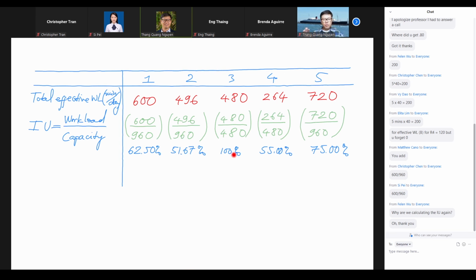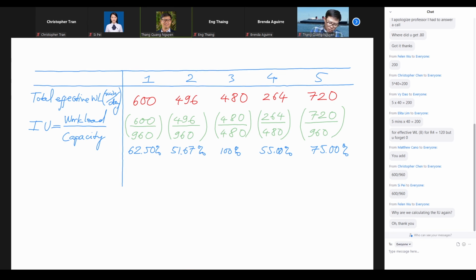I hope you see that is not a coincidence. All right, good. So the next step: now we have already verified that we have enough capacity to handle the demand, right? All the IUs are either less than 100% or equal to 100%.